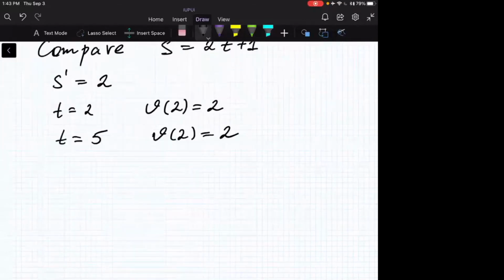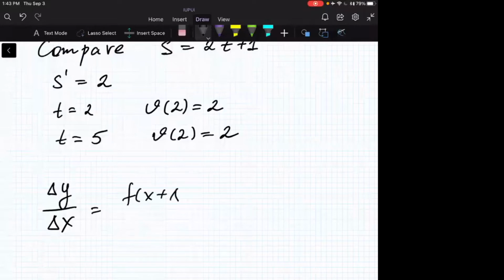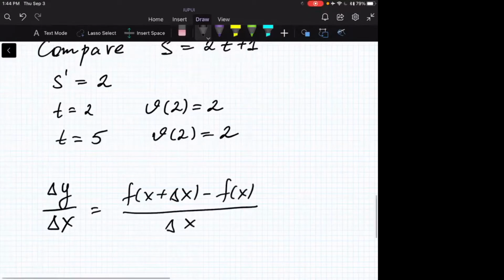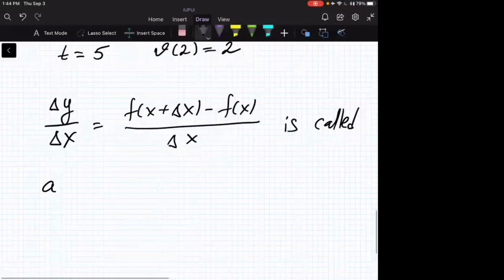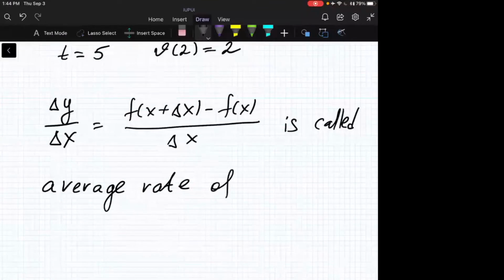And the very last comment, that the difference quotient that appeared in our previous class, delta y over delta x, which is the same as this one, is called the average rate of change of y with respect to x.